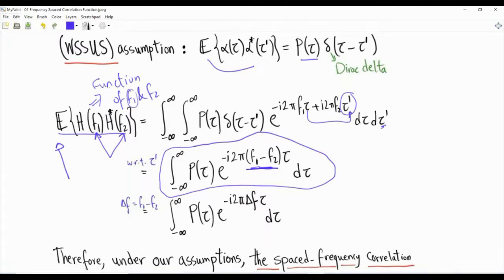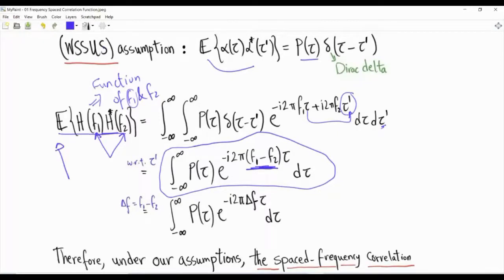So you apply the assumption and get something that depends on f1 minus f2. If you increase f1 and f2 by a fixed quantity so that their difference is the same, the correlation function is the same. So now our correlation function becomes a function of a single variable, not two variables.